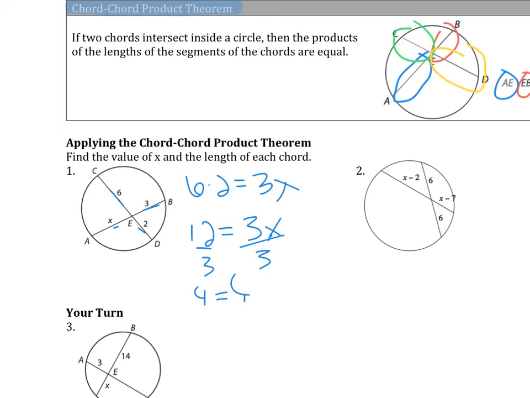And then we want to find the length of each chord. Well, we know that CD is 6 plus 2, which is 8. And since x is 4 here, we then have 4 plus 3, which is 7 for chord AB.